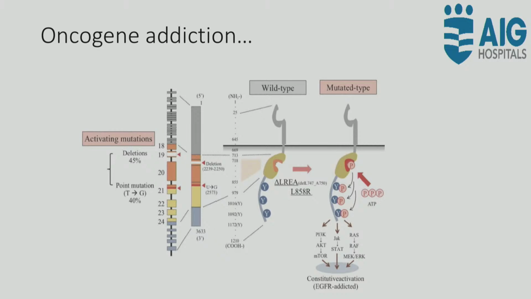Whenever these mutations occur, the EGFR receptor is constitutively activated despite the absence of a ligand. Normally, only when the ligand gets attached does the activation occur and the downstream pathway get activated. But when you have a mutated EGFR, the pathway gets constitutively activated. This is how the particular cell gets addicted to that mutation. So this is the concept of oncogene addiction.